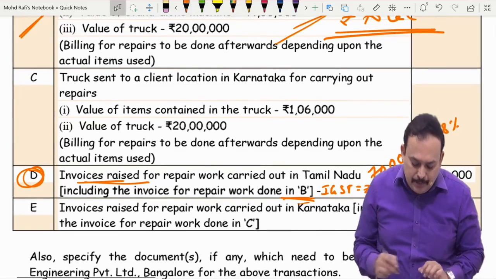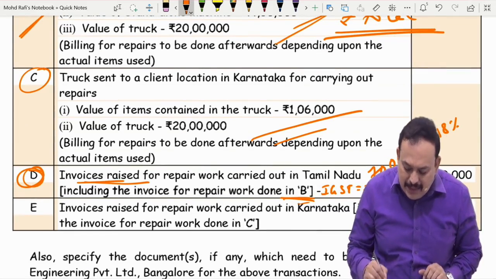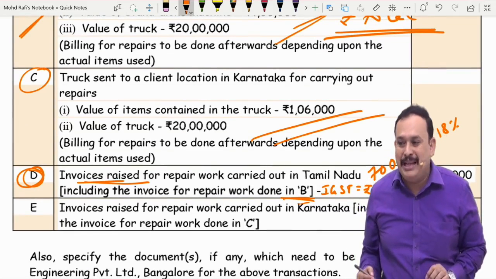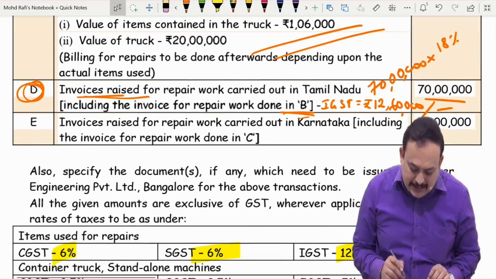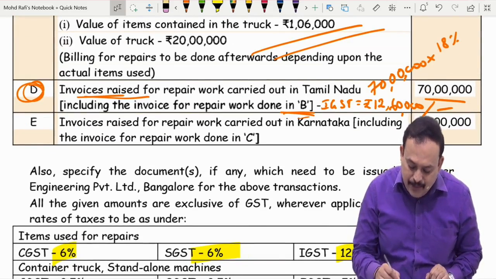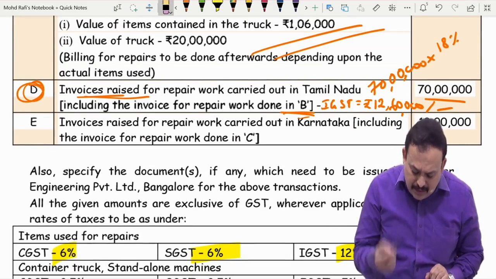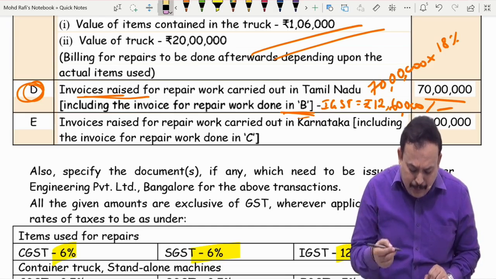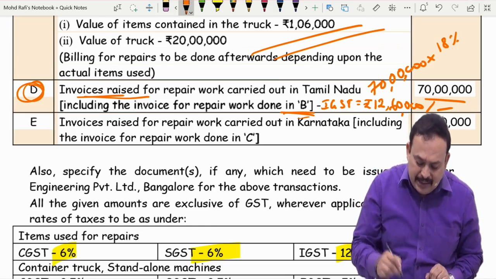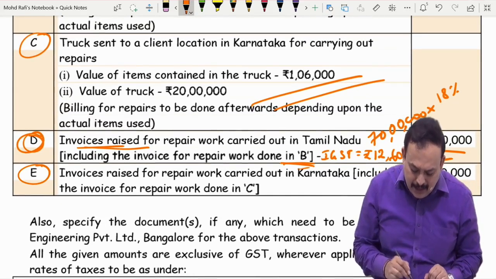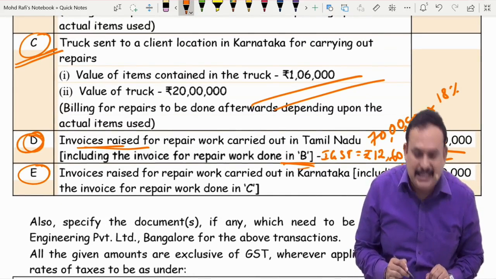Further, point number C transaction: when they supply these, they don't know the value of supply actually. Therefore, in point number E, the invoice is raised for 12 lakhs, regarding the point number C transaction.